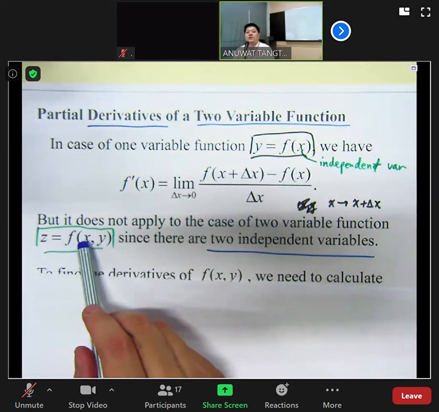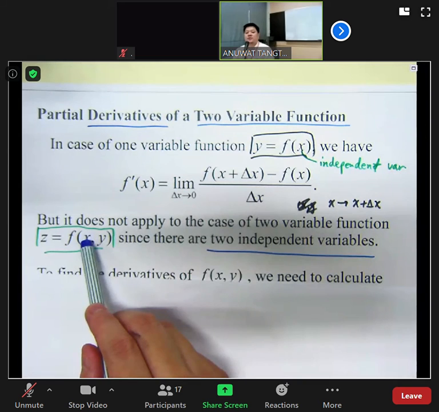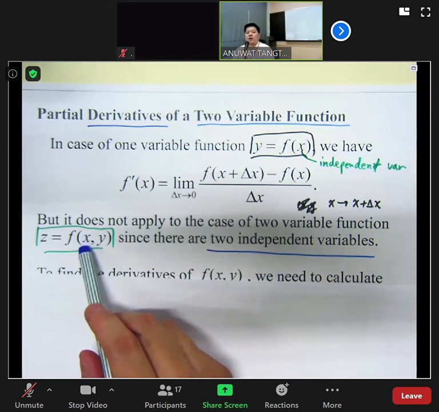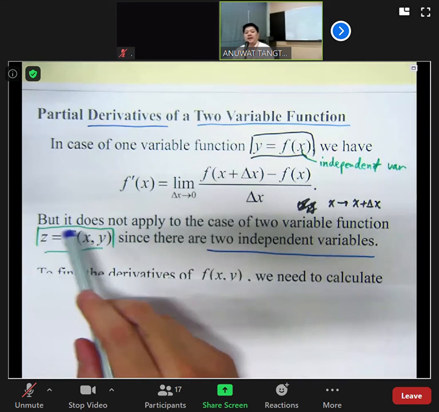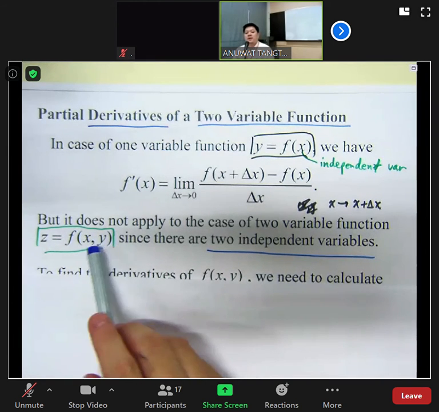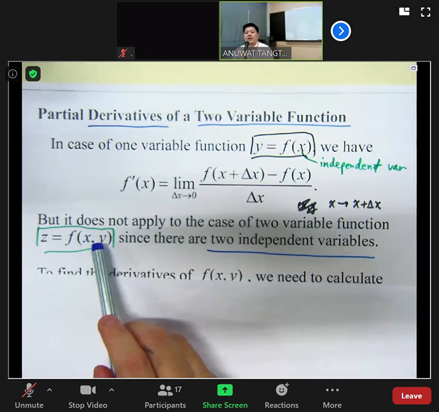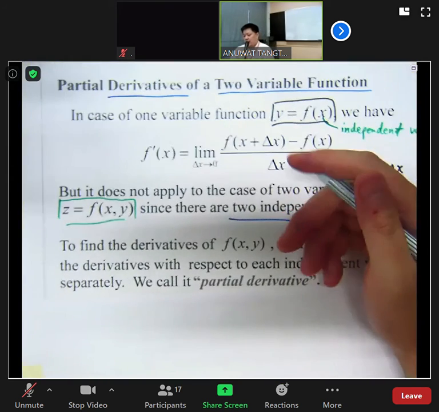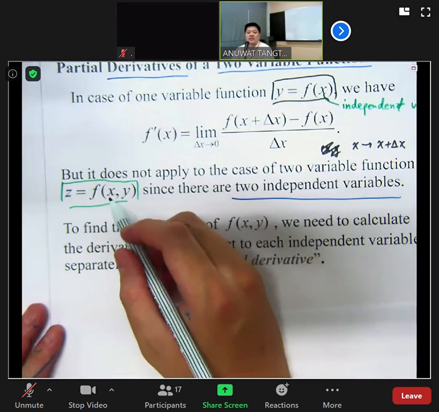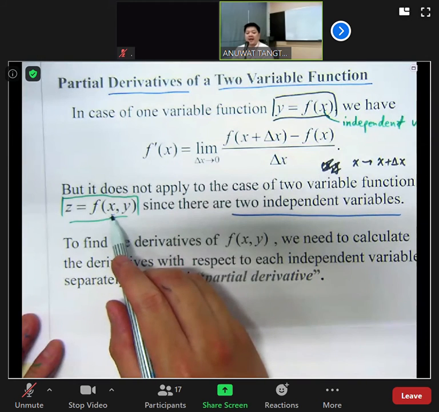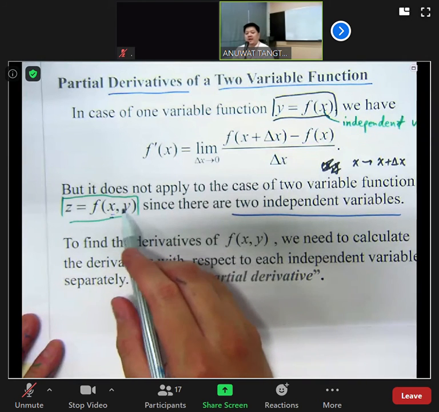You might want to know the effect of the change of x on the change of the function. In that case, you should keep y the same and let x change only.